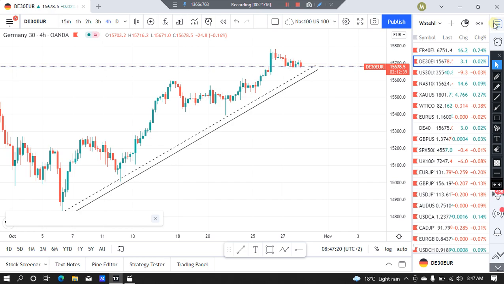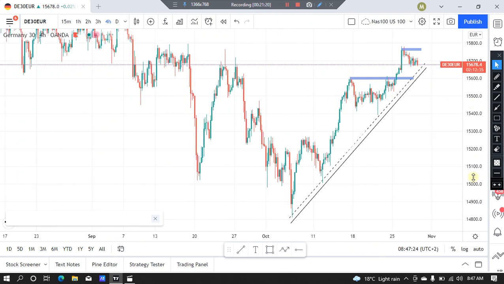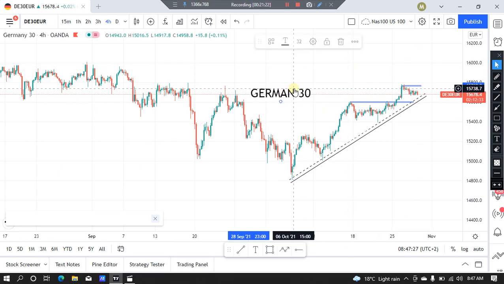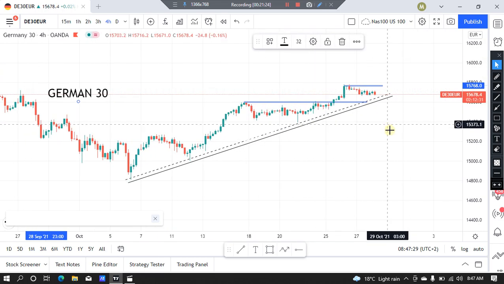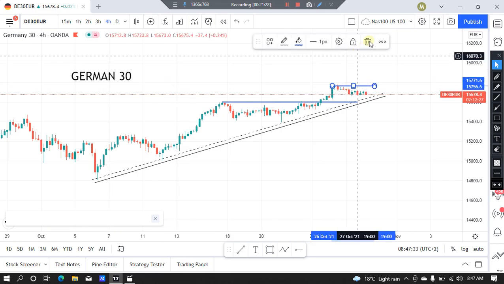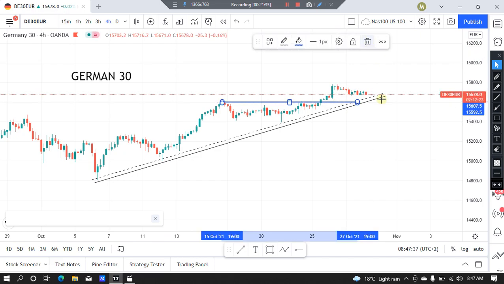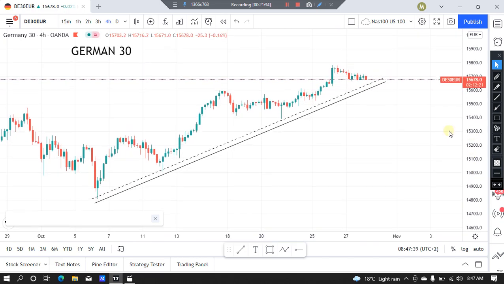So let's go straight to German 30. I think German 30 is also doing the same thing as other indices. Why? Because most indices are positively correlated, so mostly they move in the same direction. You see that?